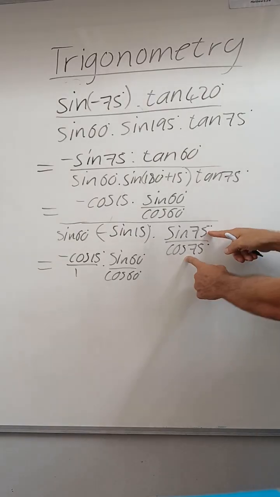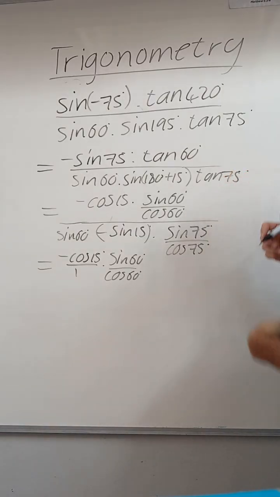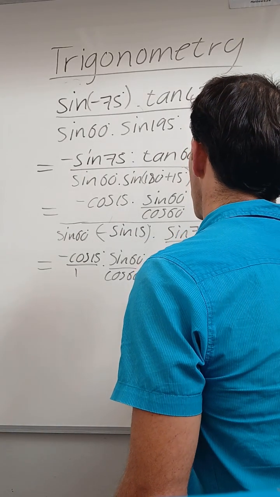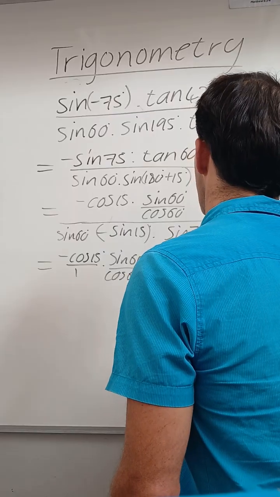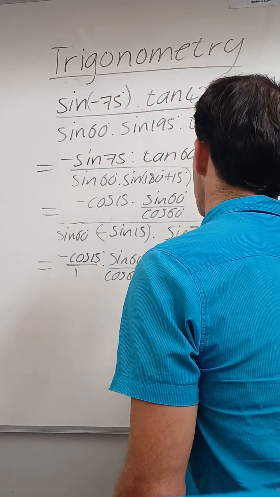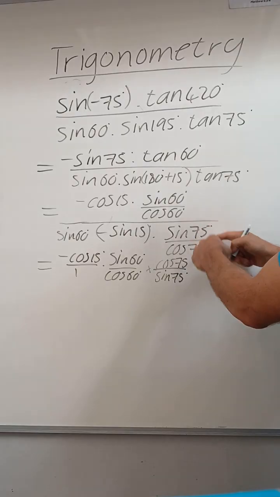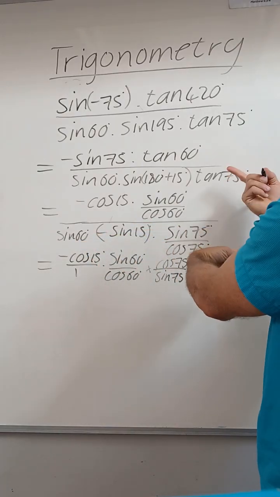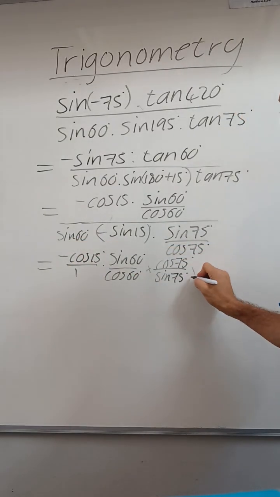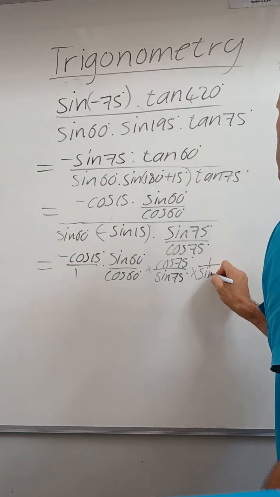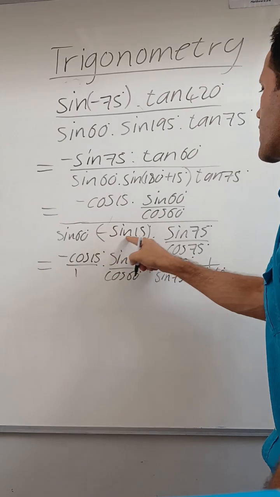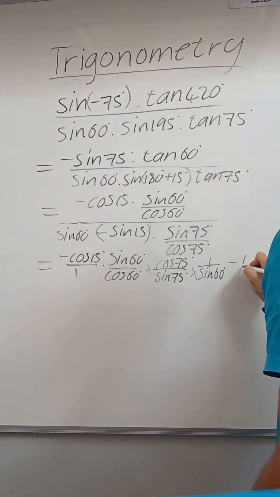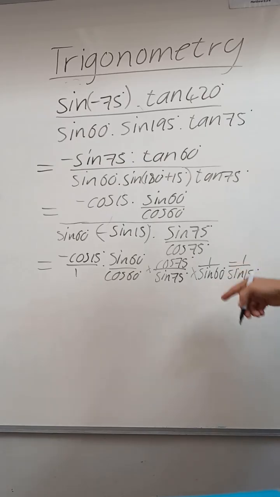This one, when it goes up, swaps around, so it's going to become multiplied by cos 75 over sine 75. Then you take it up, swap it around. These two also, when they go up, they swap around. So the sine 60 will become 1 over sine 60. The negative sine 15 will become negative 1 over sine 15. So it's quite a lot.